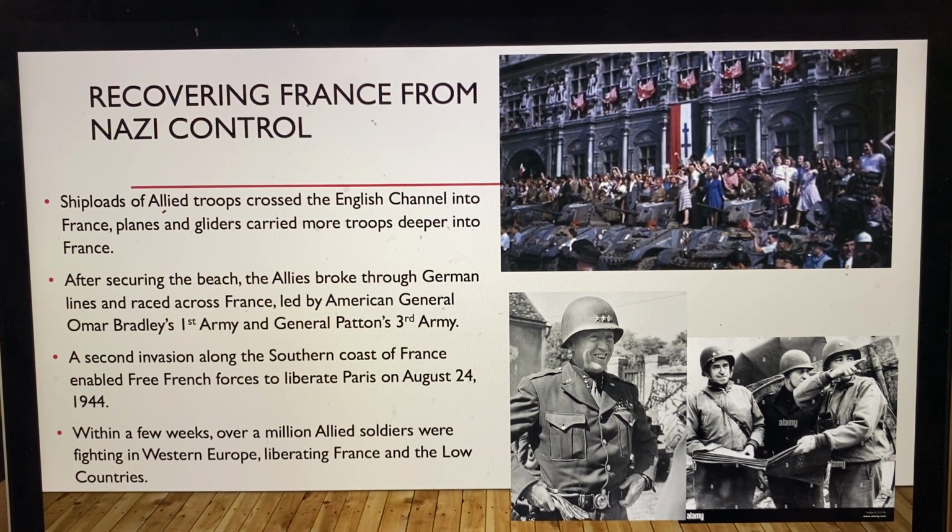Within a few weeks, over 1 million Allied soldiers were fighting in Western Europe, liberating or freeing France, and also freeing the Low Countries of Belgium and the Netherlands too, and Luxembourg. So you can imagine these people there under the terrorism of the Nazis, now knowing that they were going to be set free. As America, we came to save the day indeed in those countries.